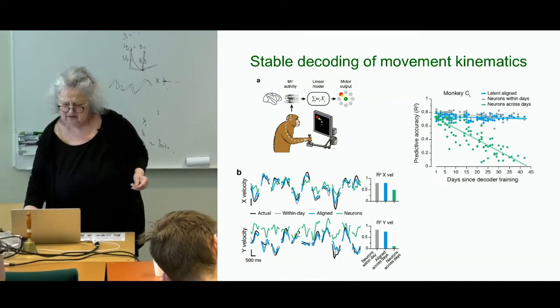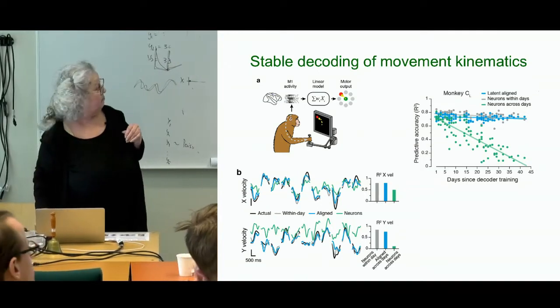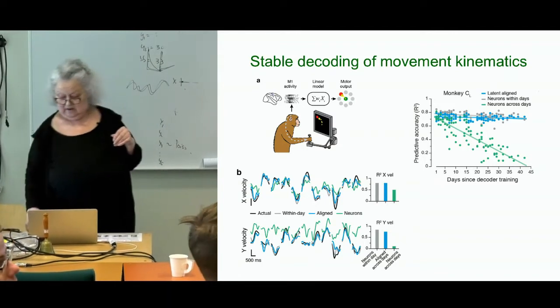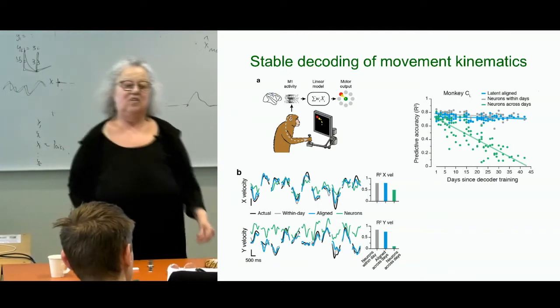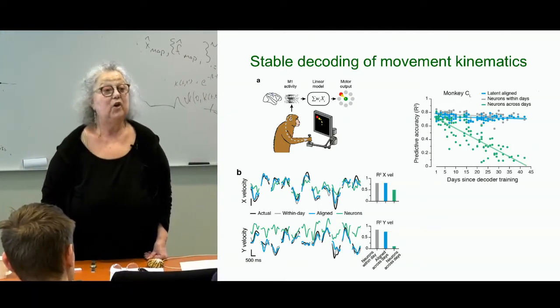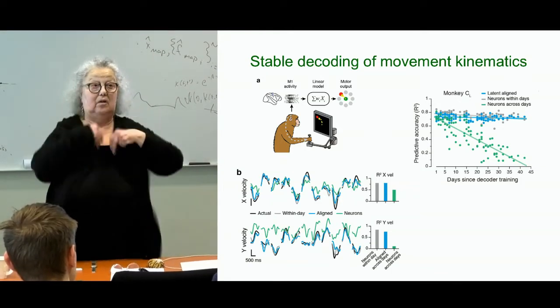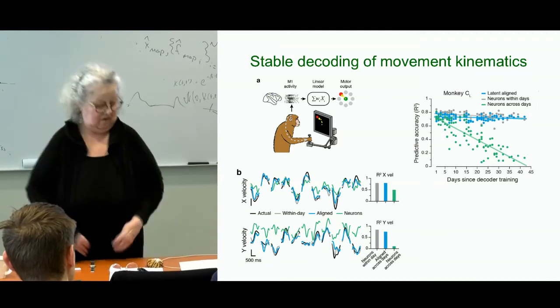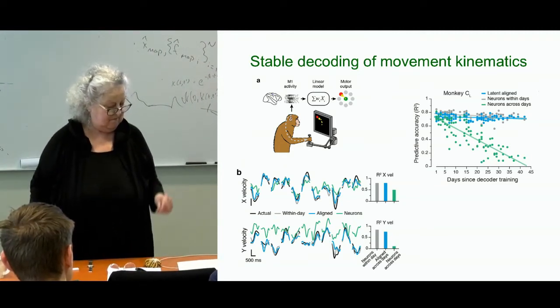And Sarah? Yes. I'm a little confused by that, because don't you need some center-out rehearsal in order to do the alignment? I do. Right, you need some recording under some controlled condition in order to have activity that you can do the alignment with.